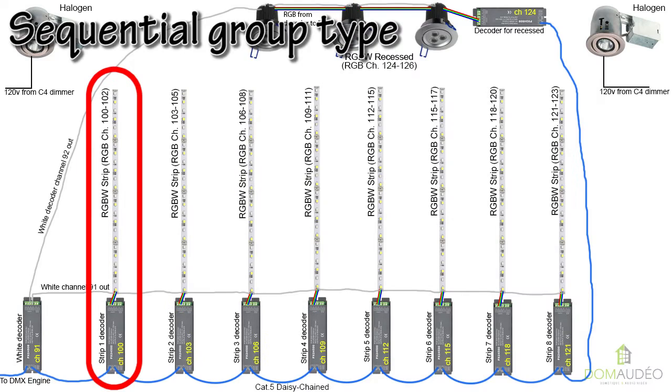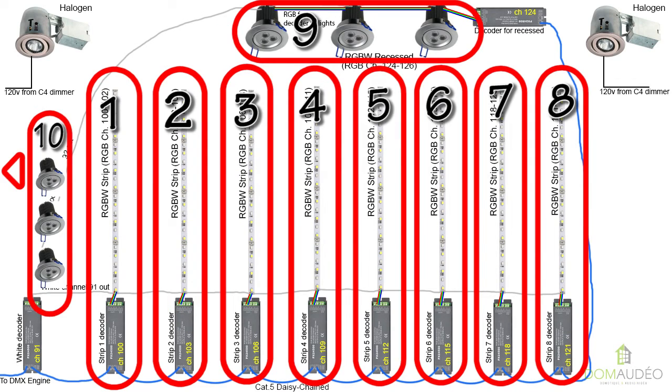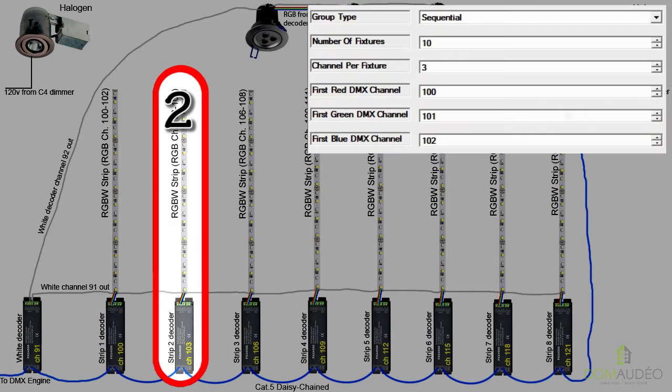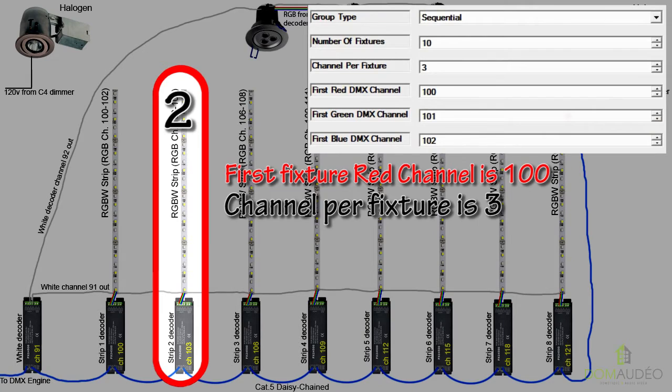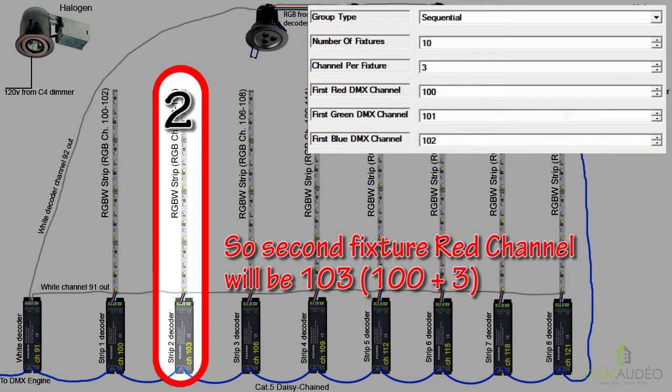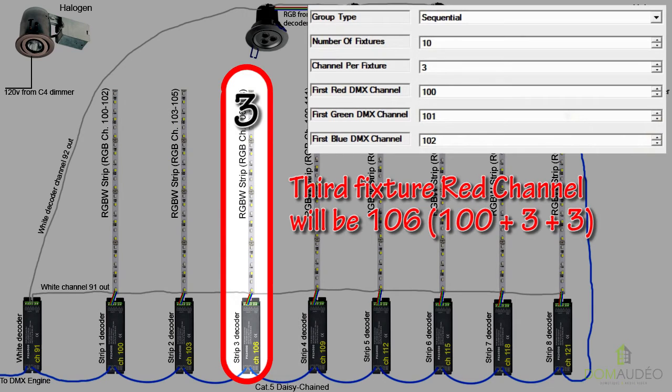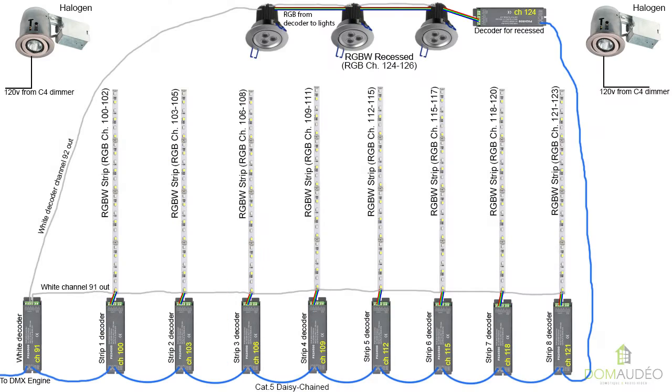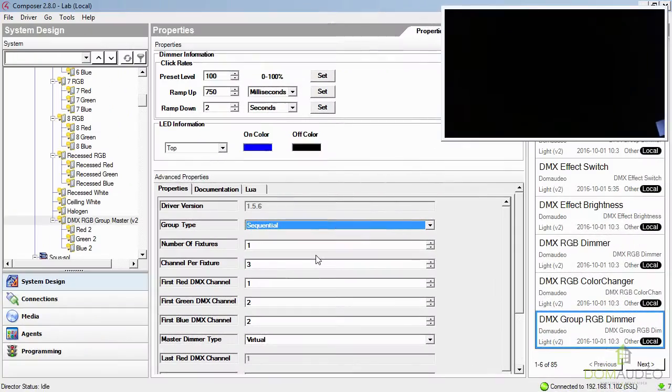If we have a group of 10 fixtures, the second fixture will use the channel number that is equivalent to the first channel plus the number of channels per fixture. That means fixture number 2 will need to use channel 103 as red, the third light will use channel 106, and so on. The same logic is used for other colors. Channels per fixture defines how many channels are reserved per fixture.